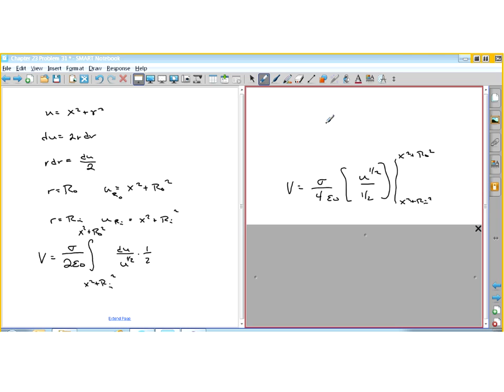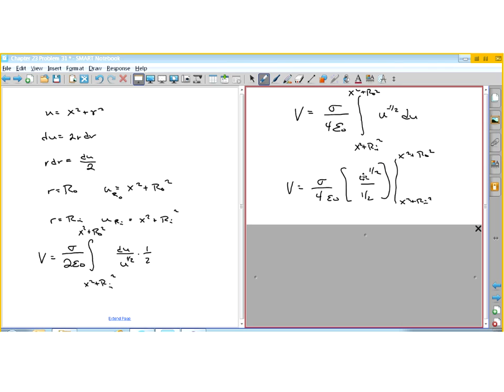This is u to the minus 1/2, so let's go ahead and stick that in there. 4 epsilon 0, the integral from x squared plus r sub I squared to x squared plus r sub O squared, and we have u to the minus 1/2 du. So I've taken this, which is in the denominator with the positive exponent, and moved it to the numerator with the negative exponent.